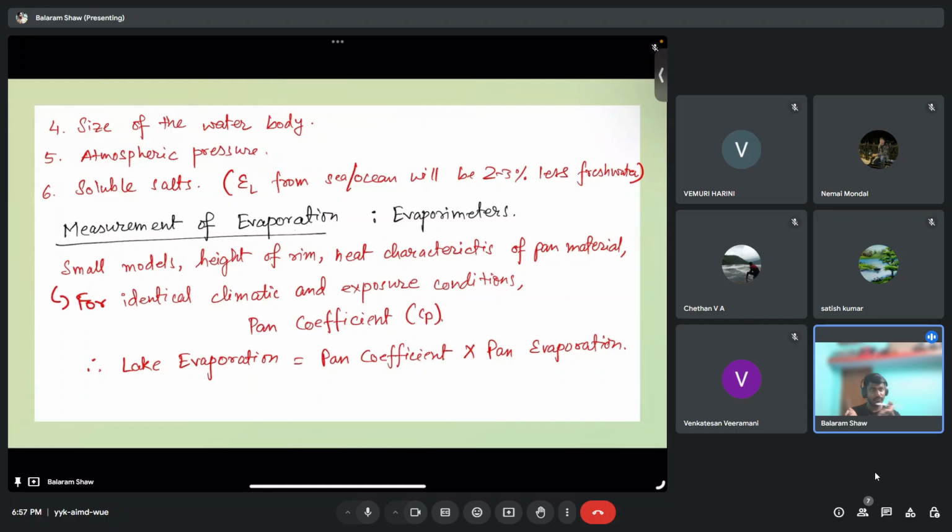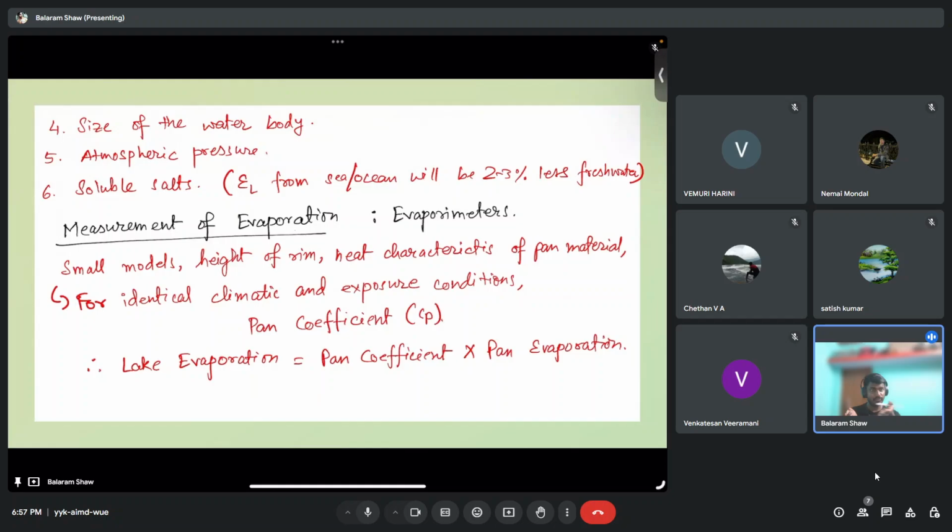See, if the air becomes more humid, how will it affect the evaporation? If the humidity is more, then the air molecules will be more saturated, and hence the evaporation will be less. So what will be the answer? Option D.